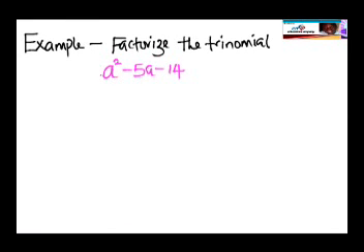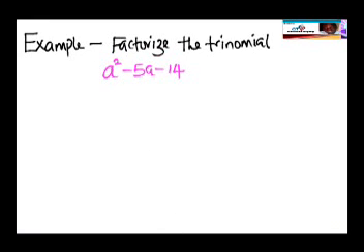Remember, a refers to the coefficient of your first term with the square power, and here it is taken as 1, although it's not written, since this is the same as saying 1a squared.